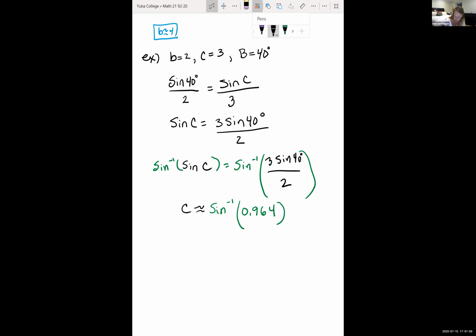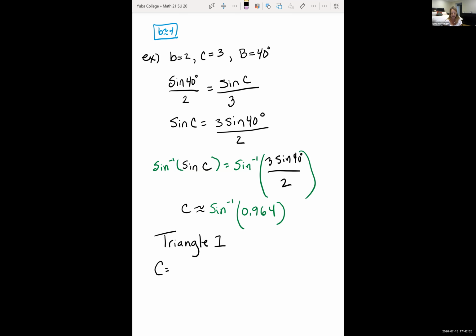So triangle 1. This angle C is going to equal sine inverse of what I just had. So I'm going to just take sine inverse of my answer. I can do that in my calculator, and that spits out approximately 74.6 degrees.